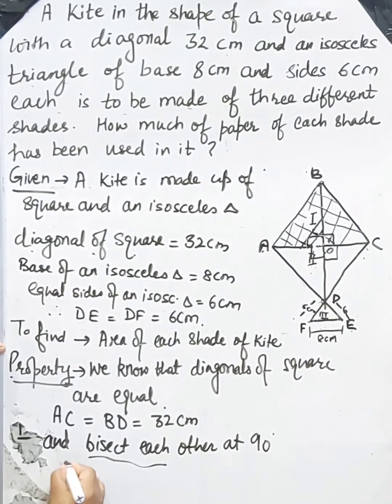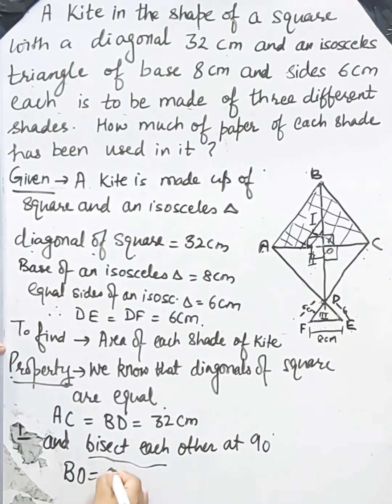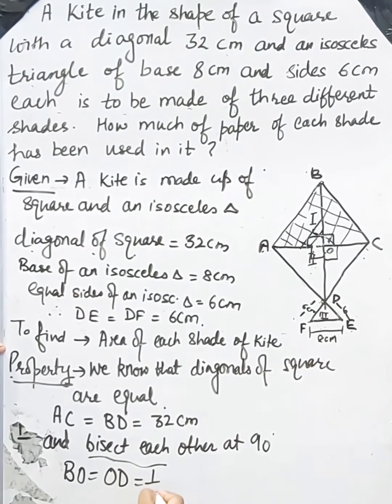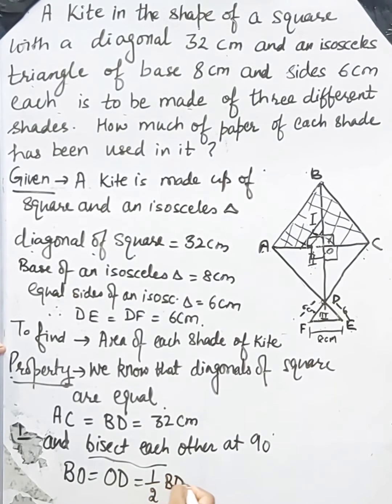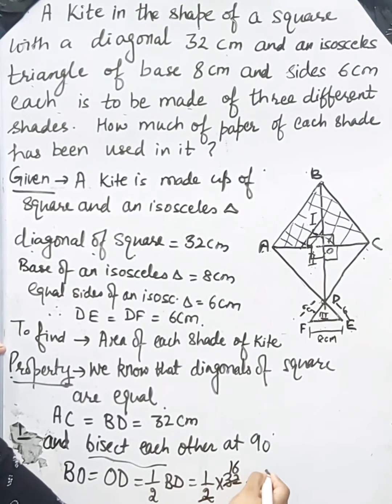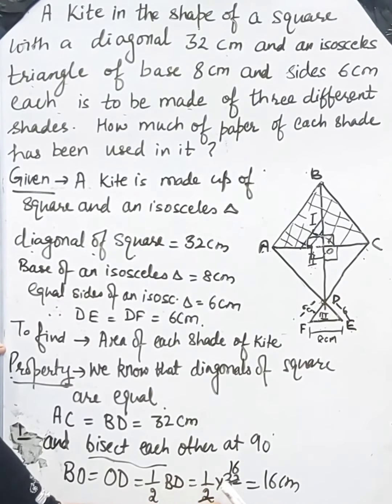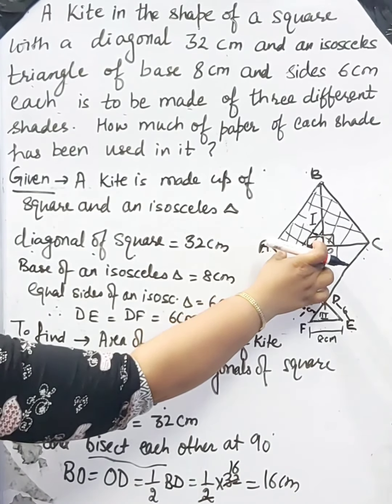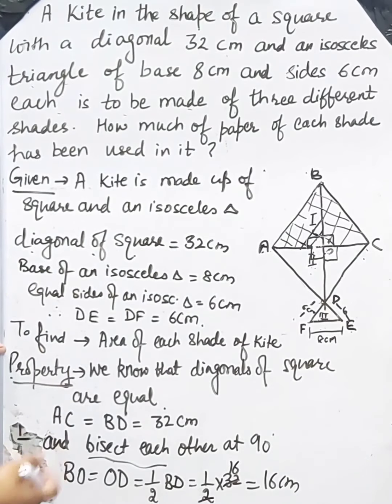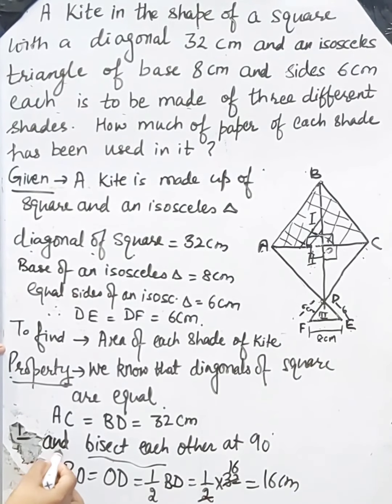Therefore, we can write BO equal to OD equal to half of BD. Half of BD is 32 centimeter, therefore BO equal to OD equal to 16 centimeter. Similarly, AO equal to OC equal to 16 centimeter.